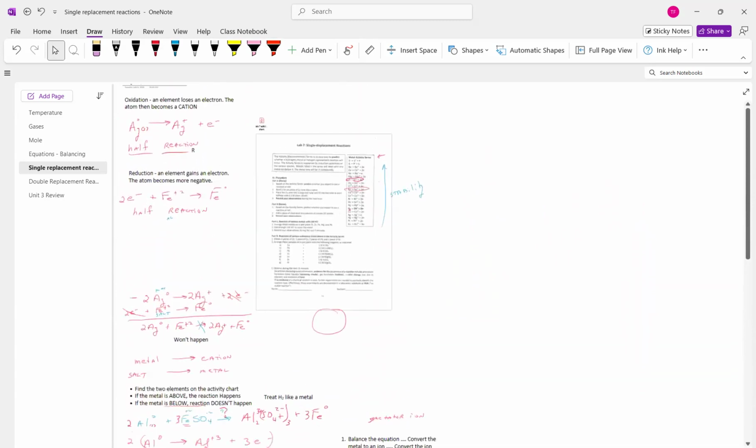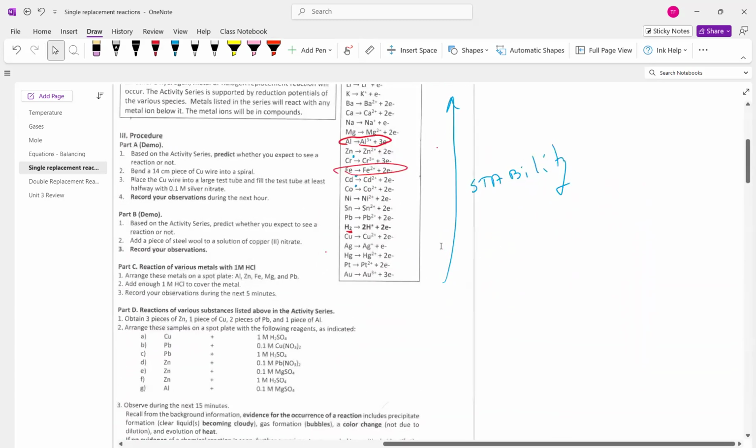Since no one's venturing a guess. Okay, so we have H2 here, and where's zinc? Zinc's up above. So we have H plus here. So zinc's a lot higher.